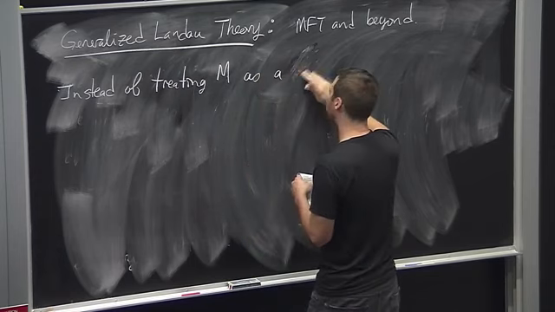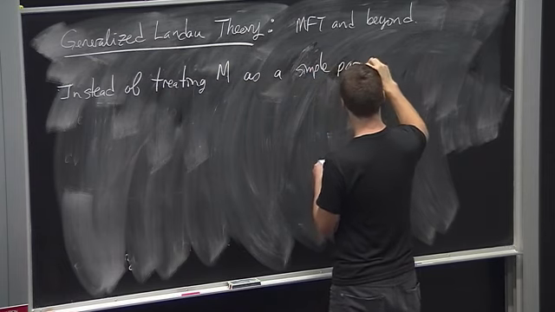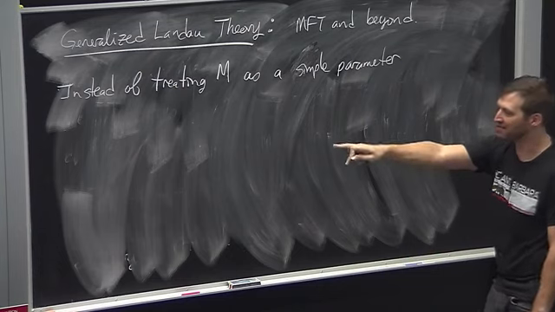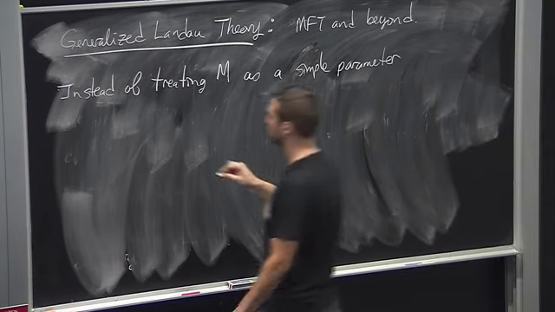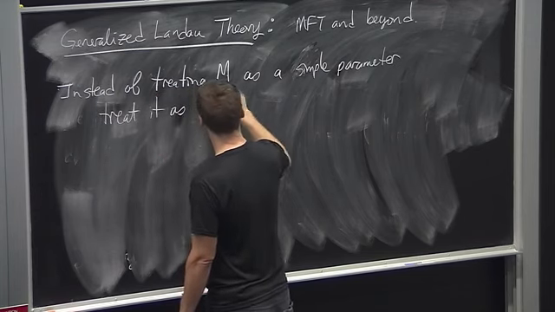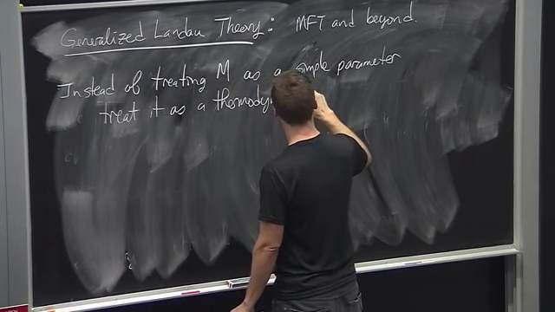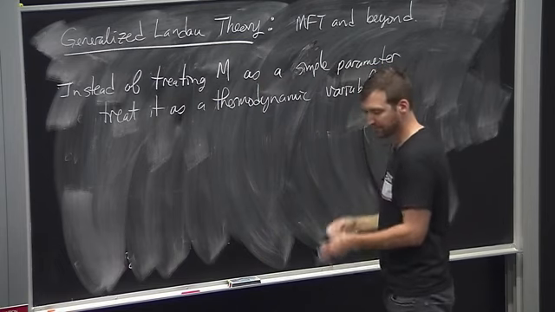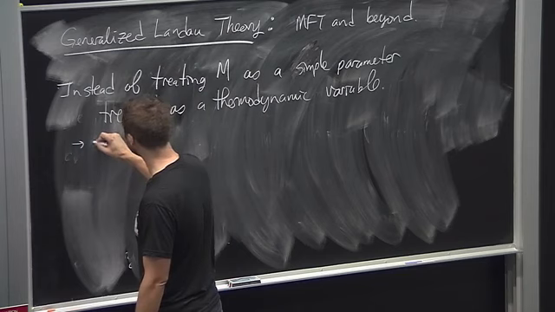So m's not fixed, but it's just a simple parameter with respect to which the free energy is minimized. So in particular, it can be non-uniform in space.